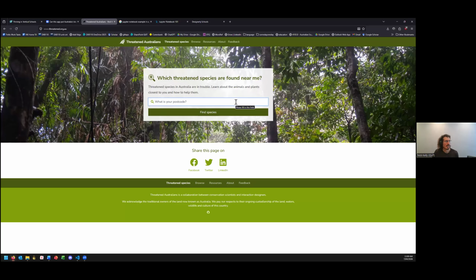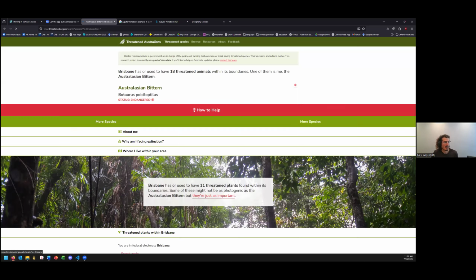And so the way that this app works, if I share my screen with you, is that you put in a postcode. Let's say that I am in the center of Brisbane, somewhere where we don't often think about there being threatened species.